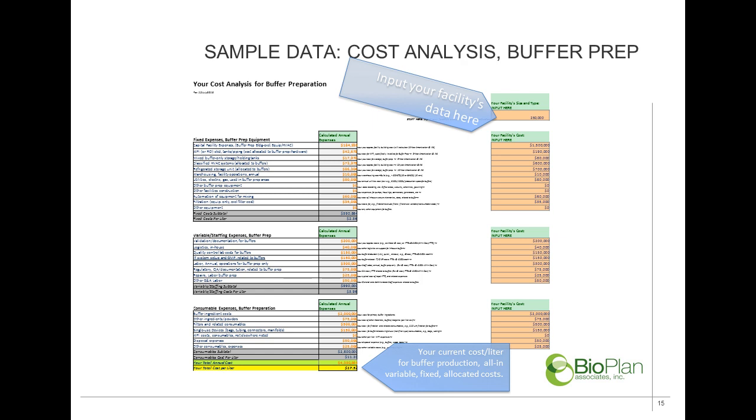So all that work boils down to just the things that are really critical. And the way this works is essentially, if you input your facility's data at this point here, then it will generally calculate out, based on your capacity, what your expected costs should be.